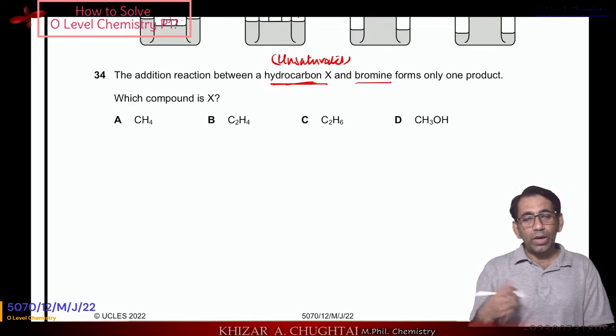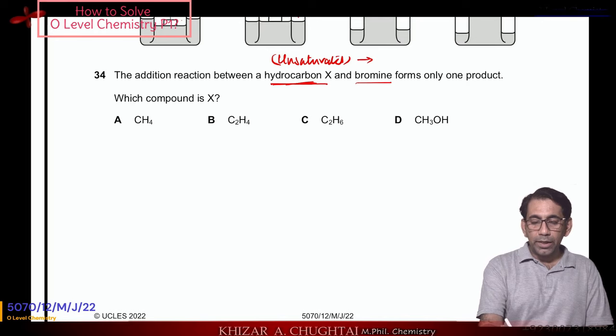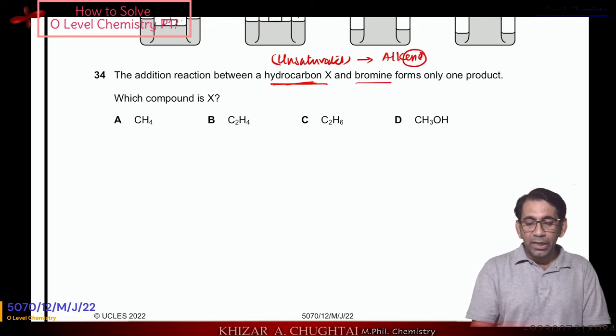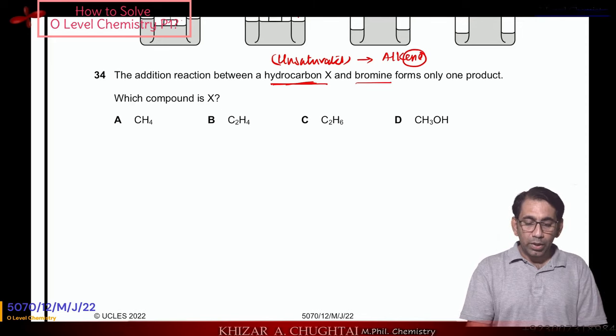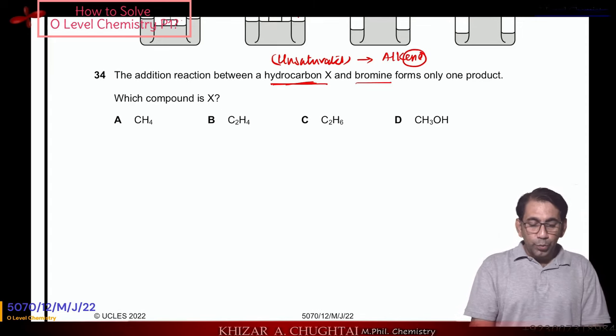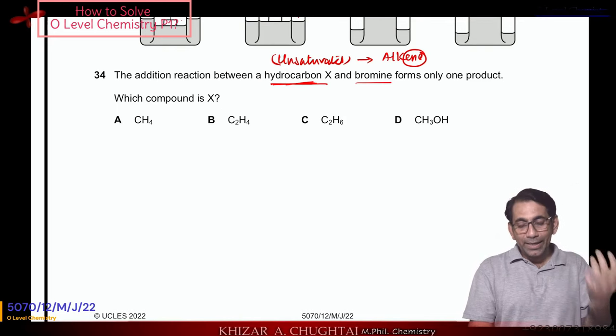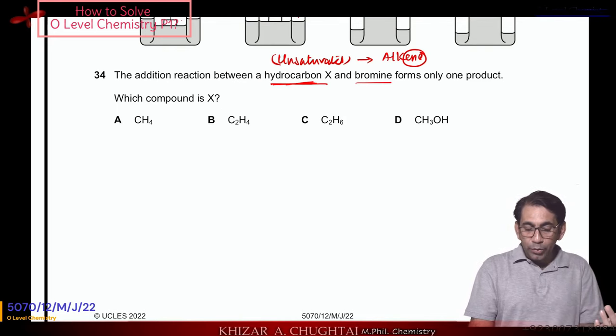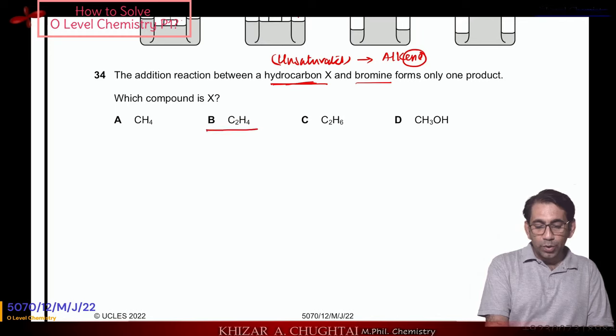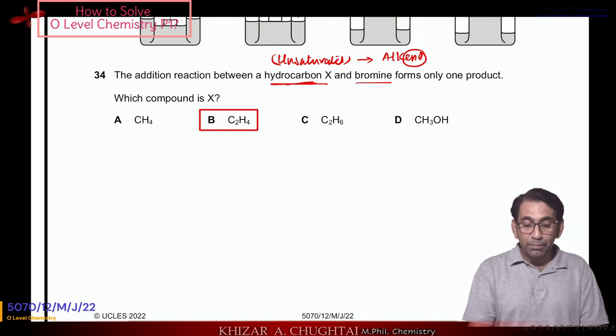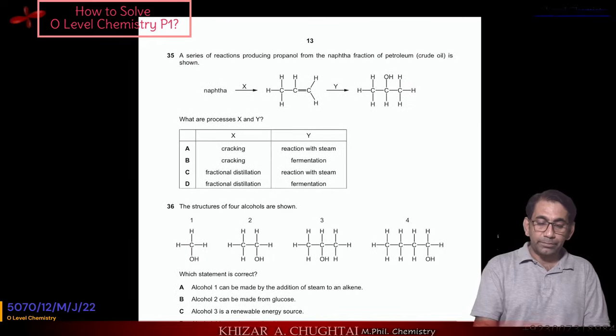As far as O-level syllabus is concerned, it may be an alkene. Ene means it should have at least one carbon-carbon double bond. So which hydrocarbon can be called an alkene and unsaturated? That is this one, C2H4 ethene. B is the correct option.